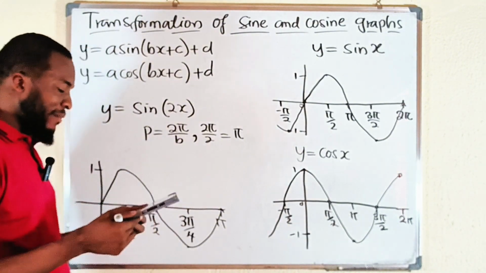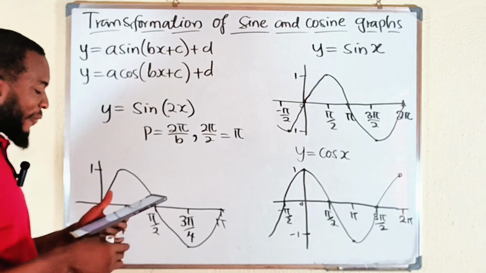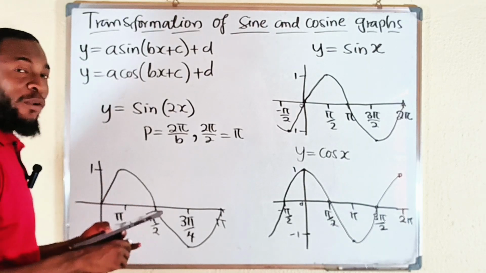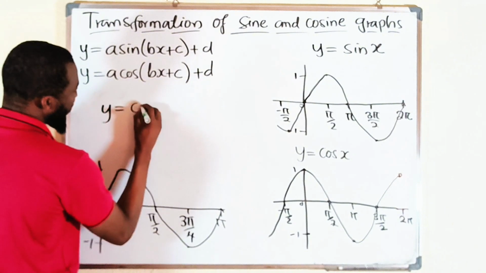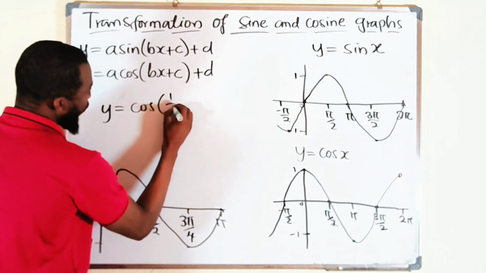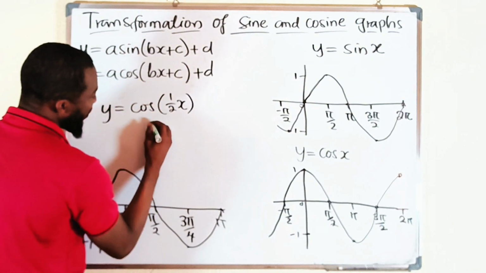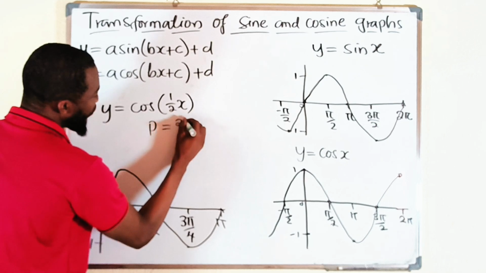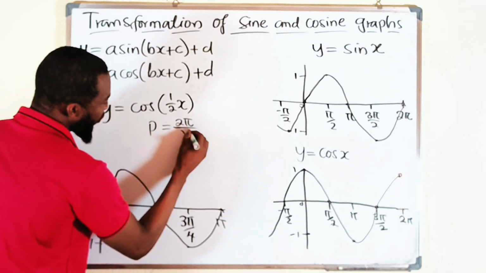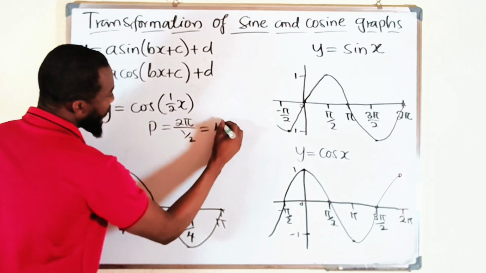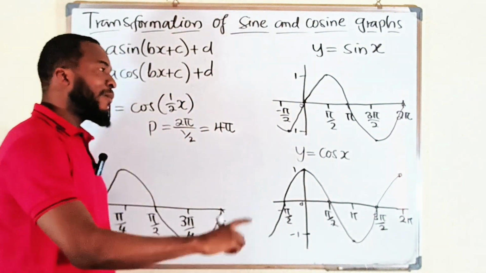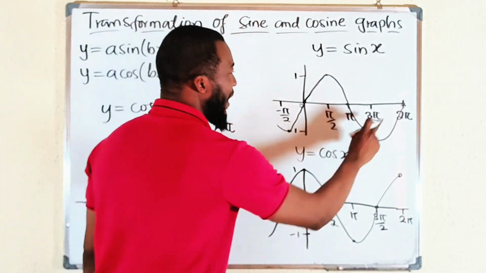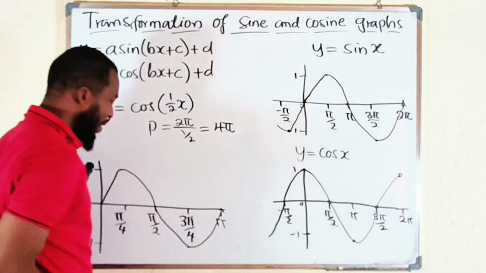The next one we have is cosine of 1 over 2x. Y equal to cosine of 1 over 2x. What will be the period? The period will be 2 pi divided by b, which is 1 over 2. And this is going to give us 4 pi. It means that our graph, one cycle will stop at 4 pi, double of this one.